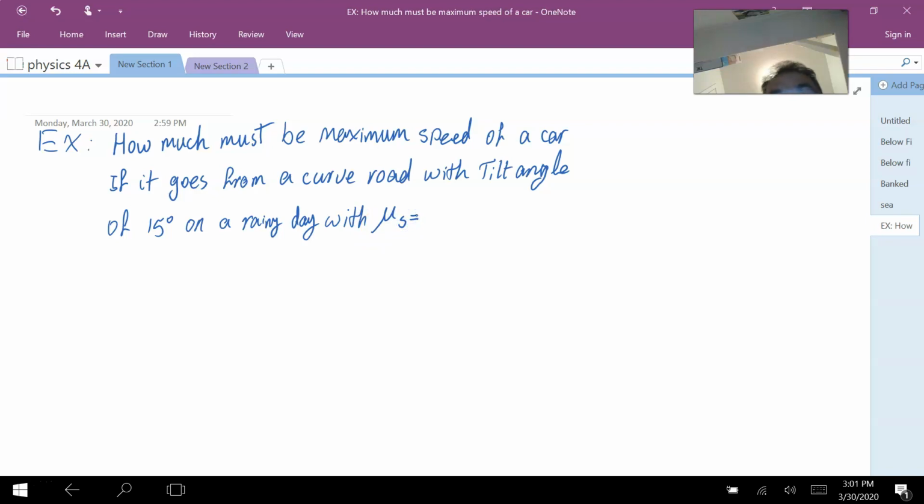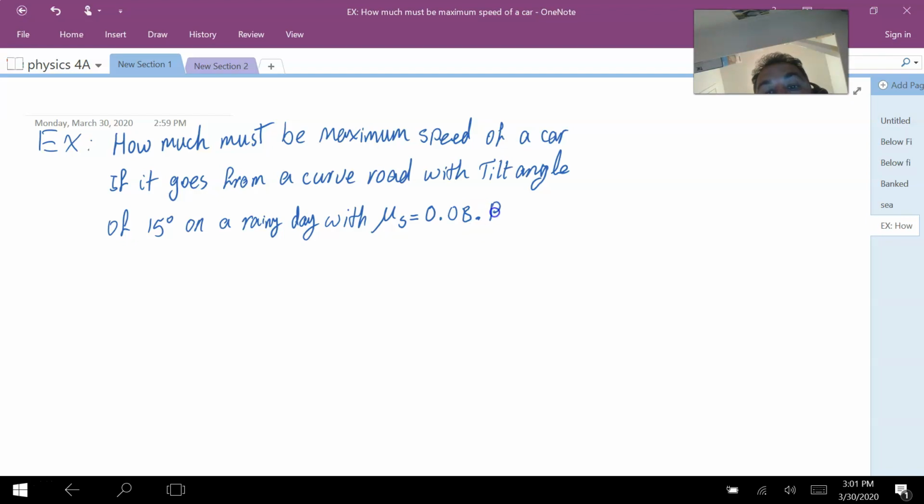On a rainy day it's very small. Let's say mu s is 0.08. How much must be the maximum speed of a car if it goes on a curved road with tilt angle of 15 degrees on a rainy day with mu s is 0.08.